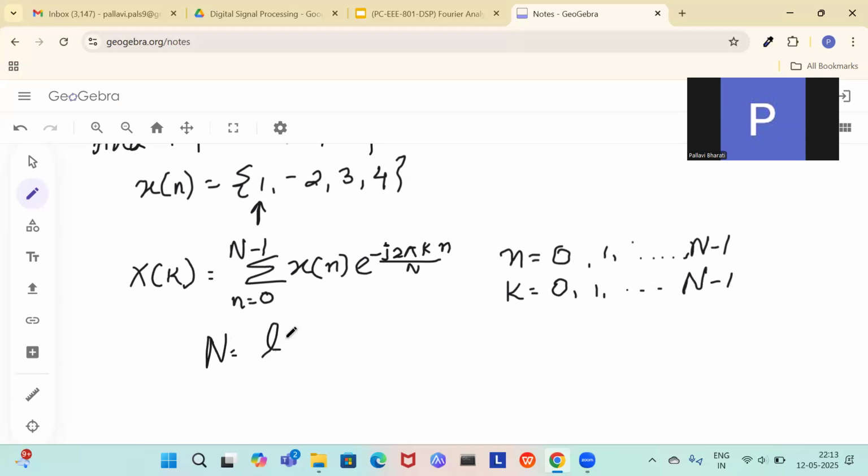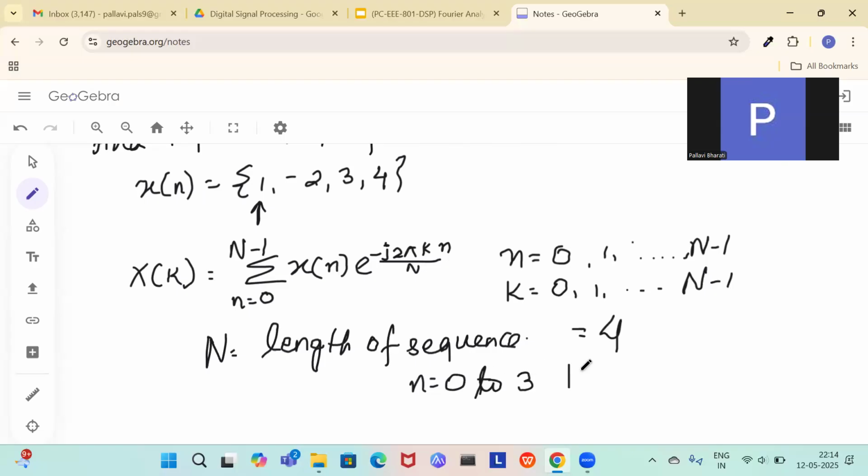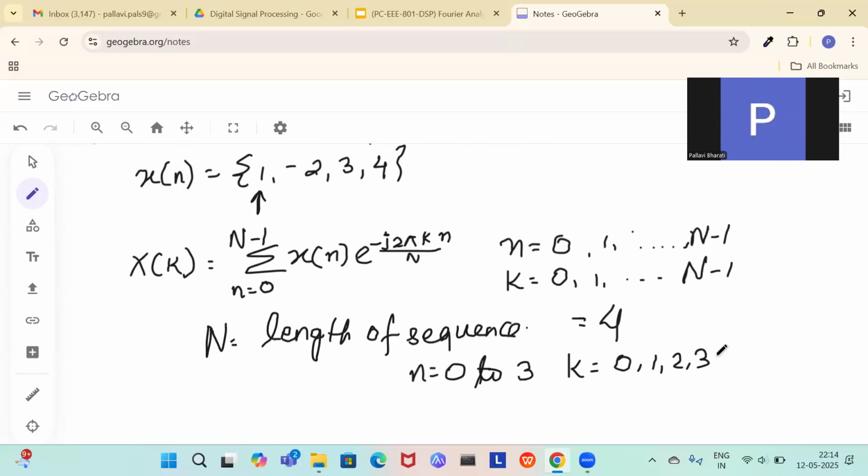This is called the length of the sequence. In this case, the length of the sequence is 4, right? 1, 2, 3, 4, numbers are present here. So the length of the sequence is 4, and small n is going from 0 to 3. And small k will also be 0, 1, 2, and 3. Now let us go ahead and find it.